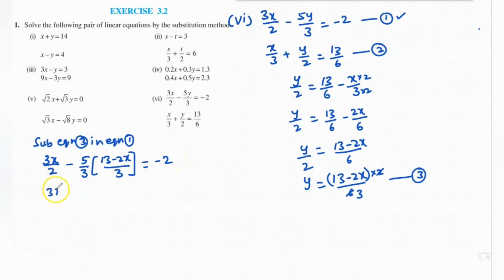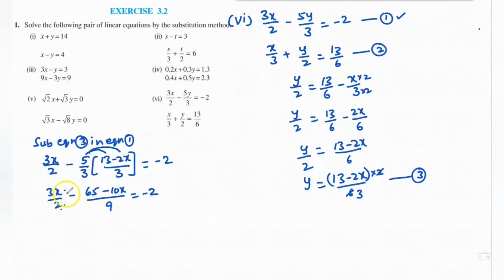So write 3x by 2 minus, these numerators I'll multiply. So minus 5 into 13, 65, 5 into minus 2x, minus 10x, by denominator 3 into 3, 9, which is equal to minus 2. Now making the denominator the same, I'll make it 18 because the LCM of 2 and 9 is 18.